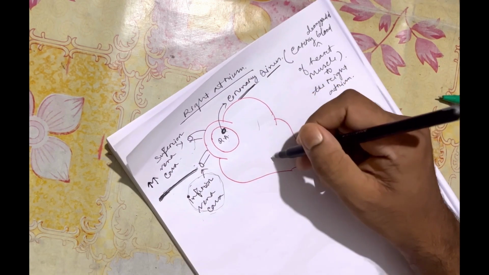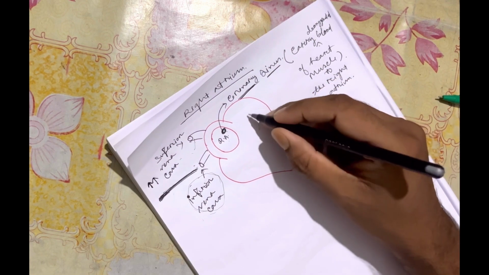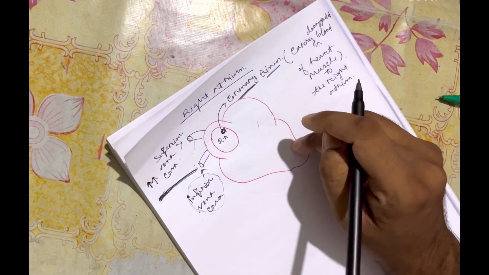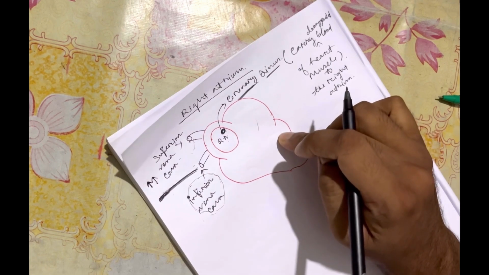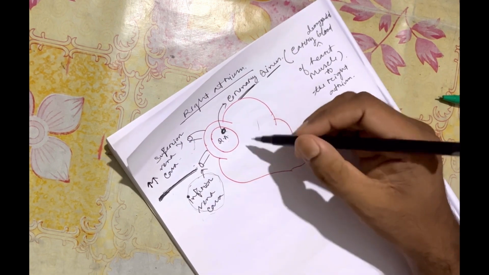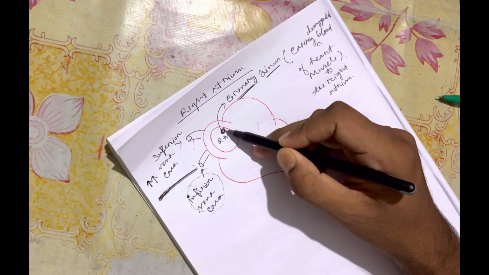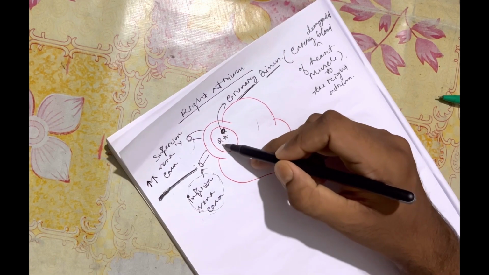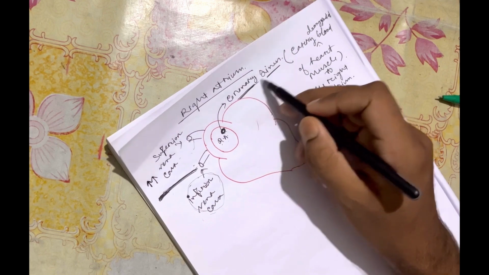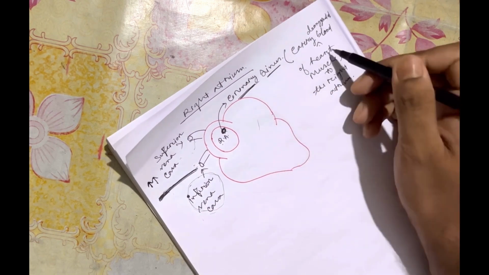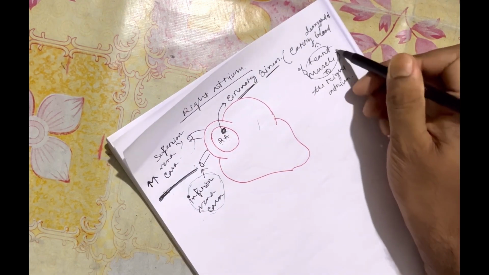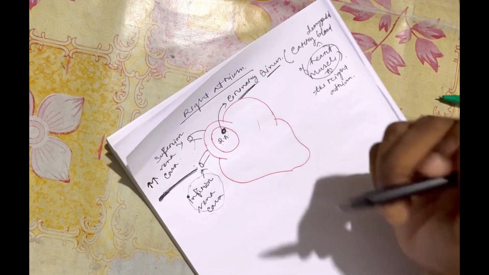The coronary arteries will supply oxygenated blood to all of our heart. Then the coronary veins will be attached, those coronary veins will accumulate and finally open through the coronary sinus to the right atrium. So through the coronary sinus, deoxygenated blood of our heart muscle will return to the right atrium.